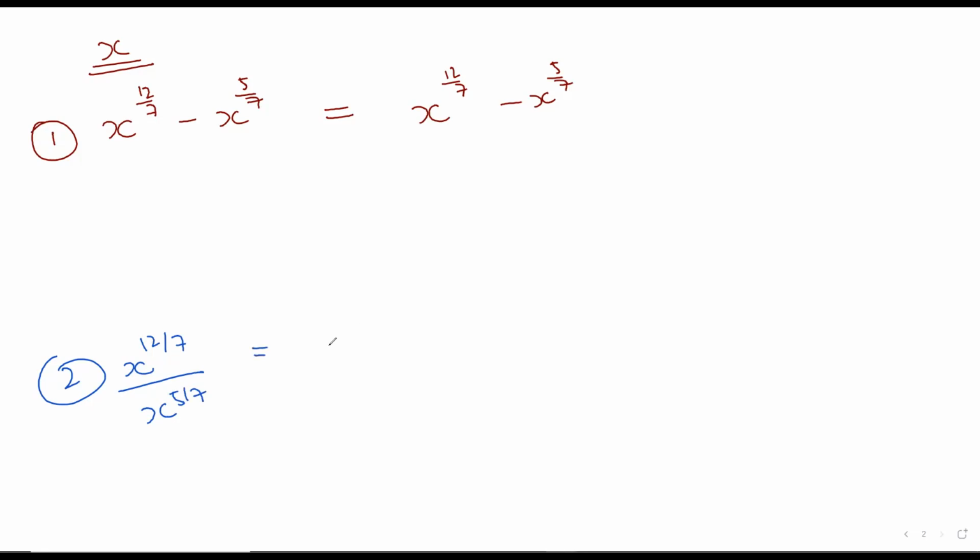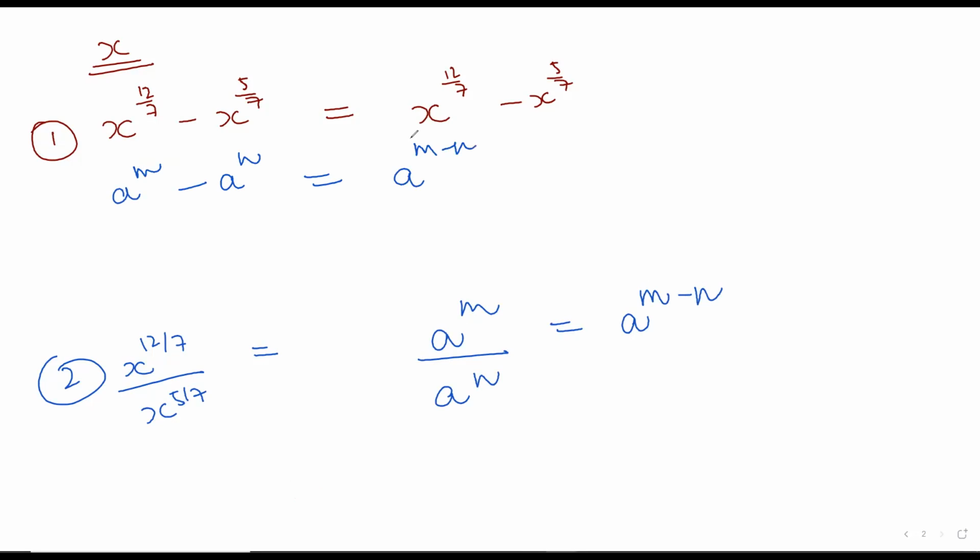If we have a to the power m divided by a to the power n, what is this equal to? Ma'am, it is a to the power m minus n. Exactly. But if we have a raised to the power m minus a raised to the power n, does it mean it is equal to a raised to the power m minus n?